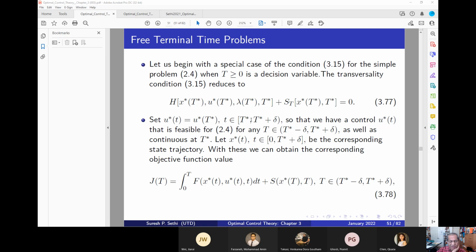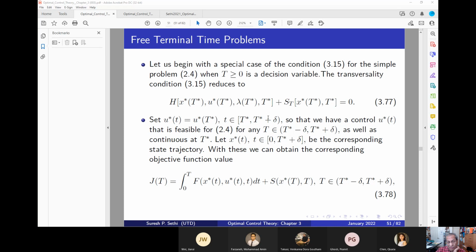That means I'm now going to have a new problem where T, the horizon of the problem, is not T star, but T star plus delta. And then I want to find the value of the new J with this new horizon.